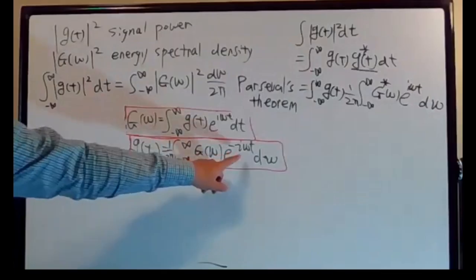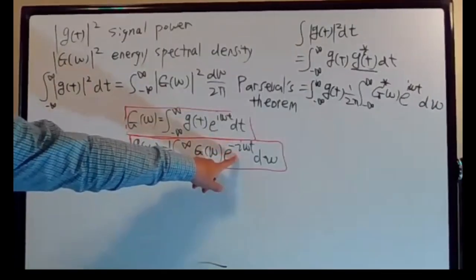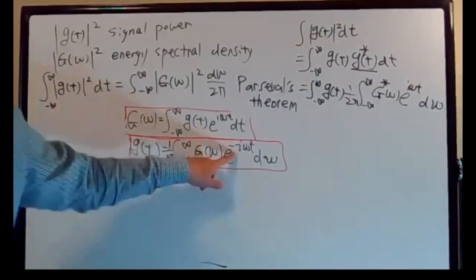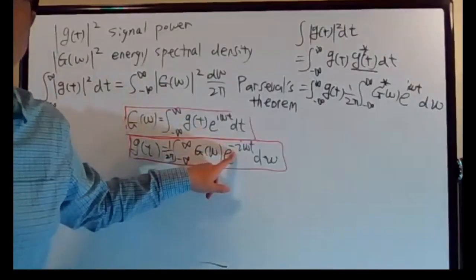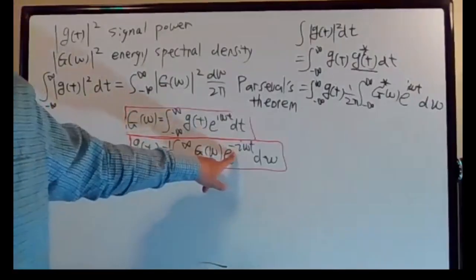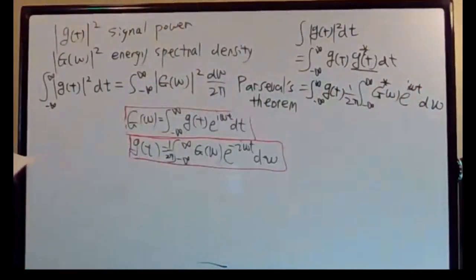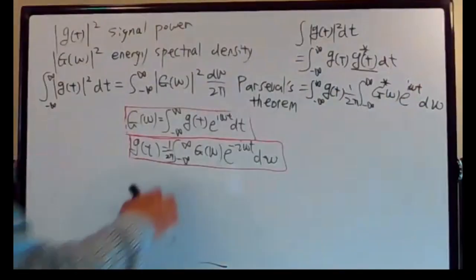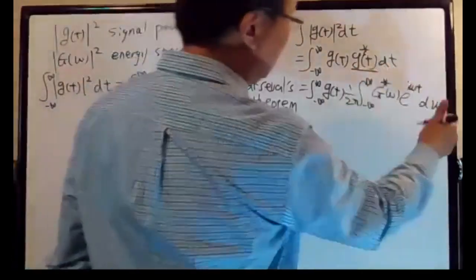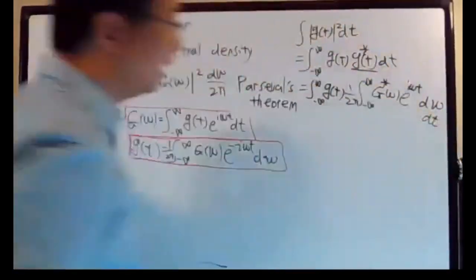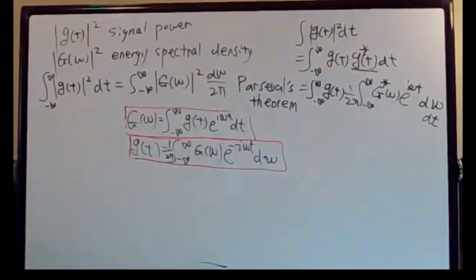Originally it's exponential negative i omega t; now it becomes exponential i omega t, negative becomes positive because of the conjugate. Now I missed a dt, so I need to copy dt here.